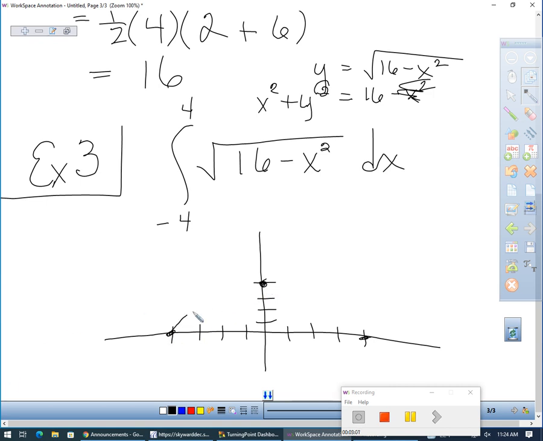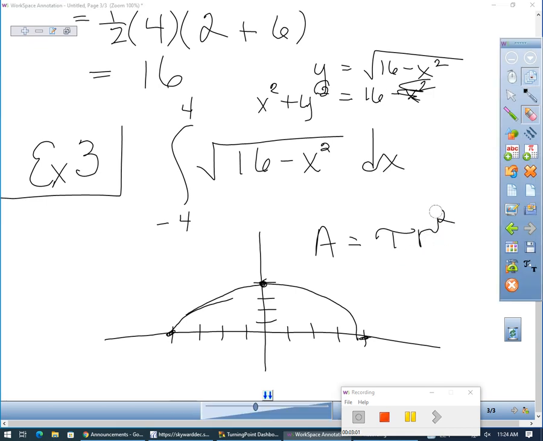So here's my semicircle. Whoops, that's not a very good drawing. We'll pretend that's good. All right, find the area of a circle. It's pi r squared. But it's a semicircle, so I'm going to divide it by 2.